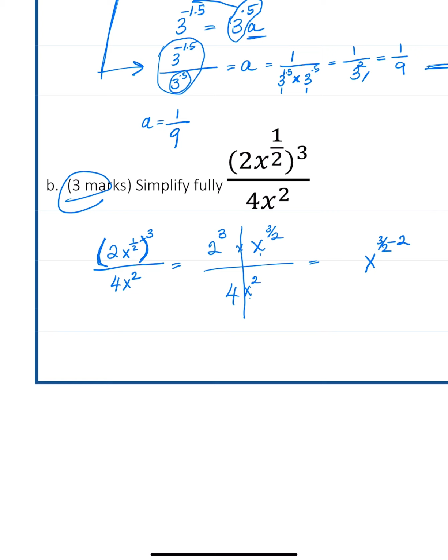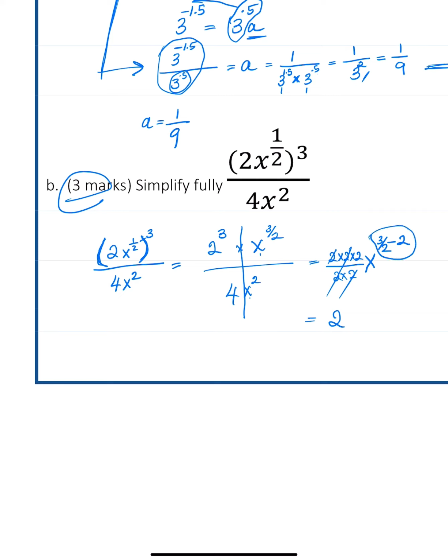And then on the number side, you've got 2. I'm going to write this out because I just want to show you how I think about it. 2 to the power 3 is 2 multiplied 3 times, and then 4 is actually 2 multiplied by 2, right? So you can easily cancel, and you can see how I ended up with 2.